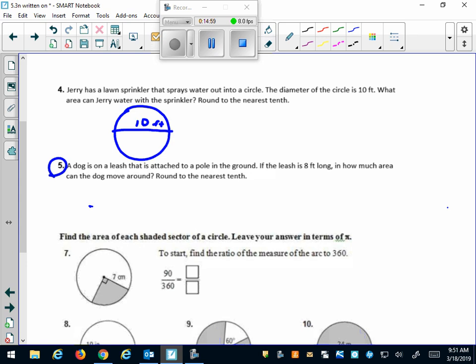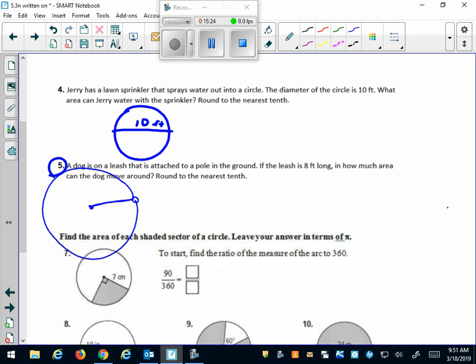So here's the stake in the ground, and here's the leash, and here's the dog at the other end of the leash. What is the area that the dog can move around? Well, if he's extending the leash straight in any direction, he basically has a circular area that he can.